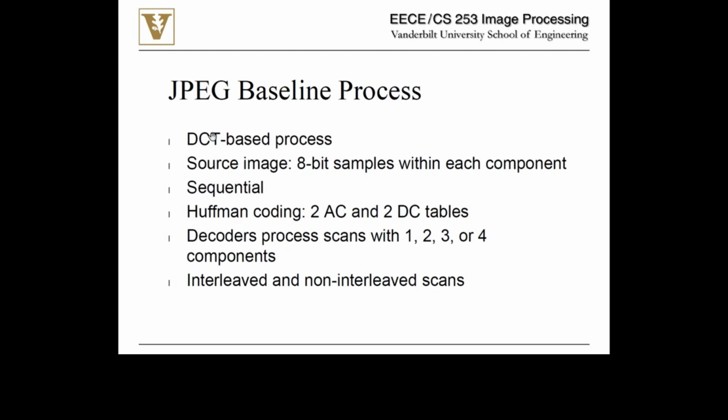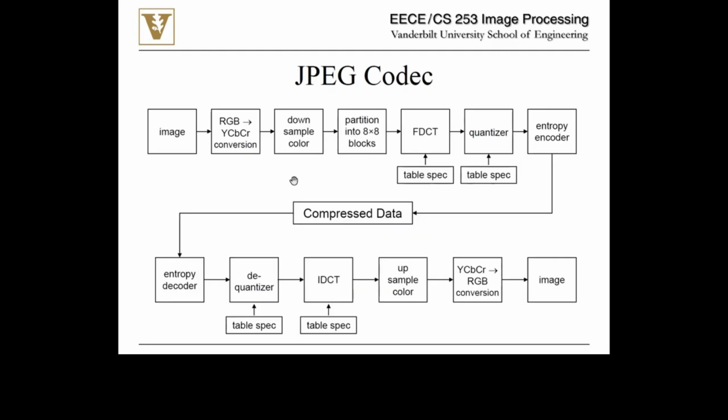It is a process based on the discrete cosine transform, and it assumes that the input images are 8-bit samples, so unsigned 8-bit numbers between 0 and 255. We will see mostly the sequential encoding, and we will see Huffman coding, which is part of the process. The Huffman coding is here. It is the entropy encoder.